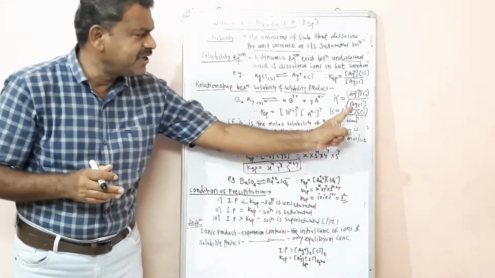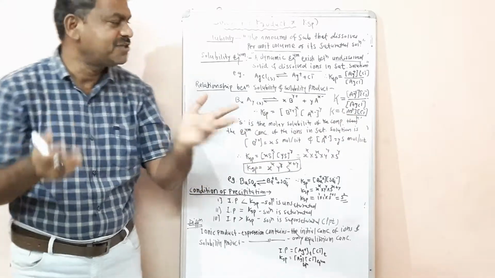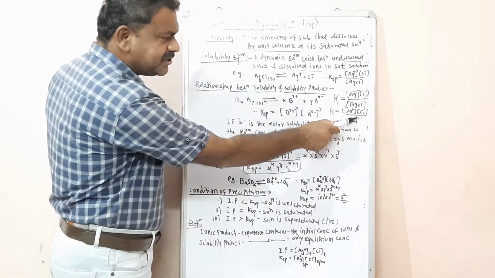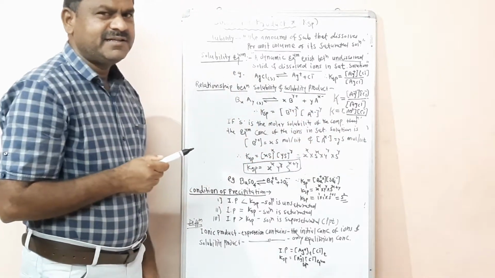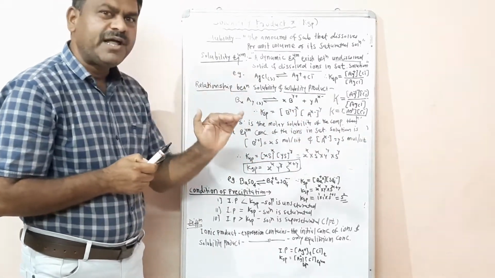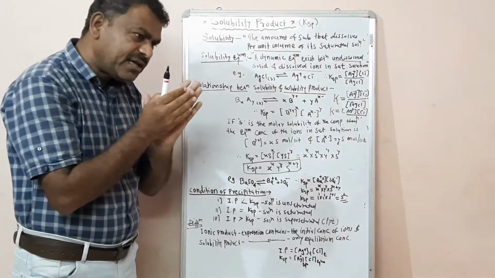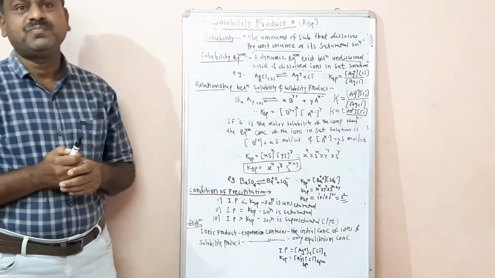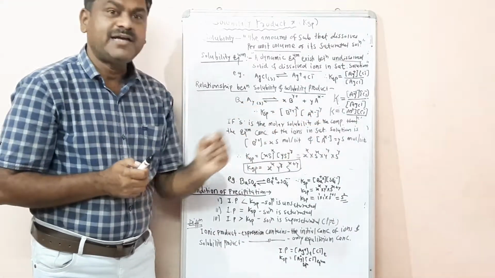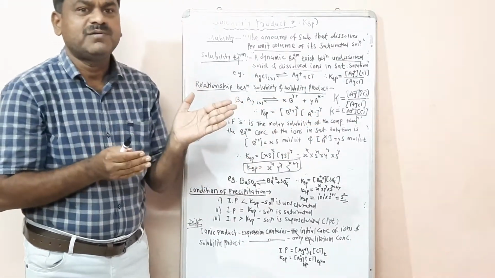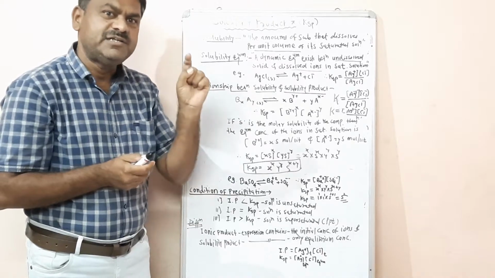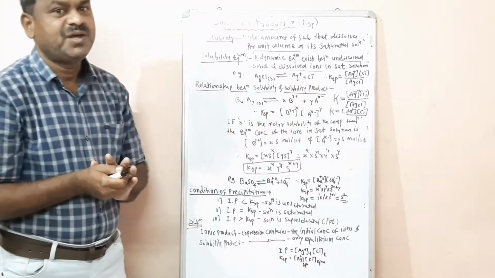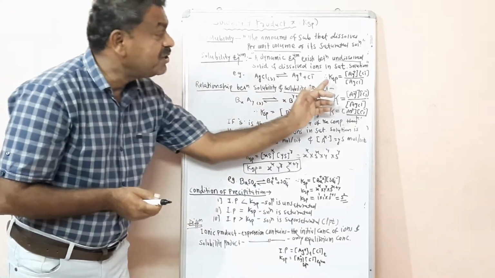Instead of AgCl, we can reduce it to another constant, K dash. K is a constant and K dash is also a constant, so K into K dash is another constant, and that constant is known as the Ksp, the solubility product.